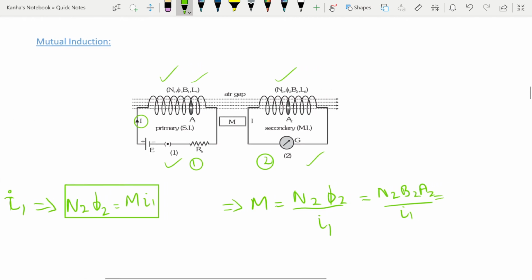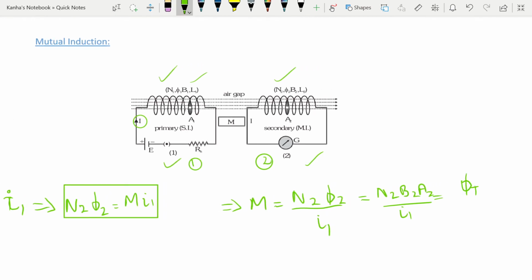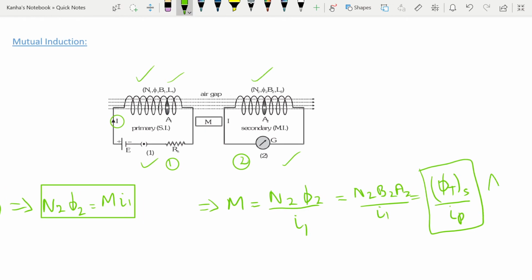That is the total flux in the secondary coil divided by the current in the primary coil. This is the formula for the coefficient of mutual inductance. You can take one coil as the primary and the second as the secondary, or reverse them. In both cases, the mutual inductance will be the same.